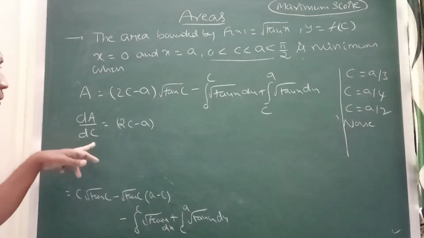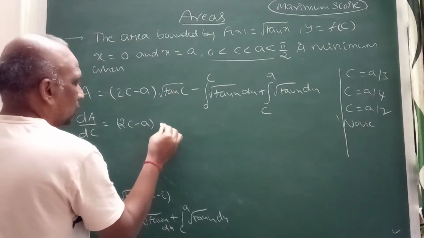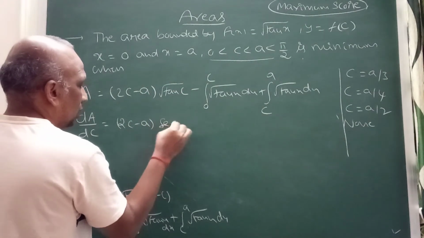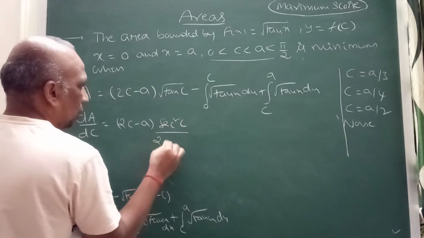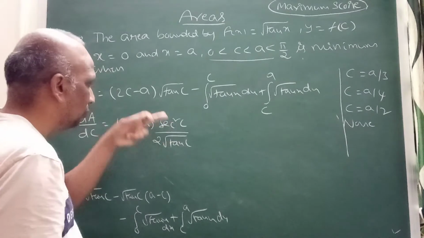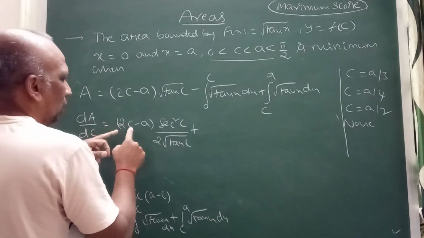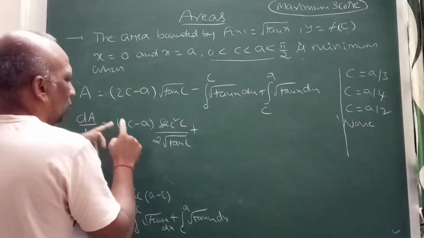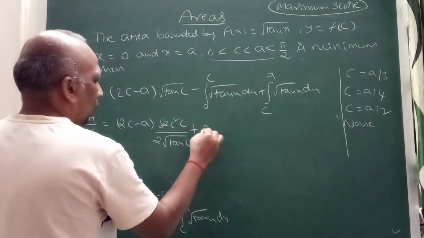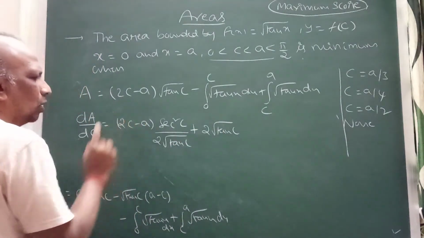So I am doing with respect to C, 2C minus A root tan C, derivative of root x is 1 by 2 root x. That means you will get secant square C by 2 root of tan C. How? Derivative of root x 1 by 2 root x, derivative of tan C secant square C, plus derivative of this part. This is constant, you will get only 2 root tan C, 2 into C, 2 into 1, constant 0.